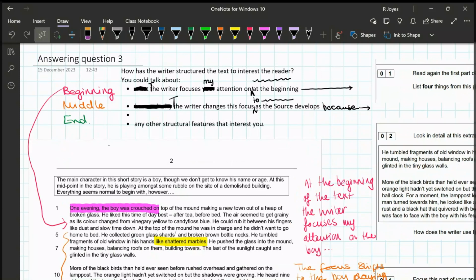So if you write this properly and use these techniques, you will have almost like a scaffold to pin your answers to. And for those of you who are very nervous about this question, it means that you can give it a go and not be so afraid.